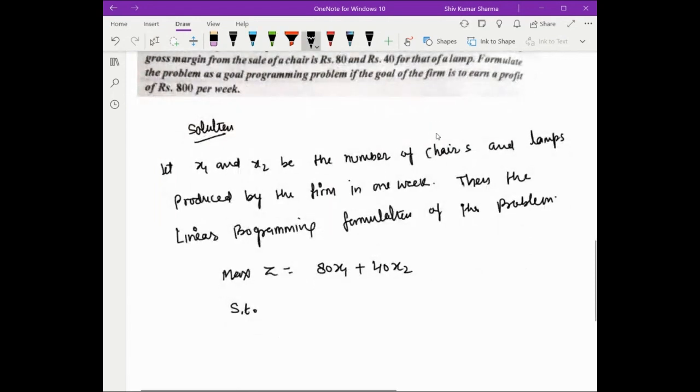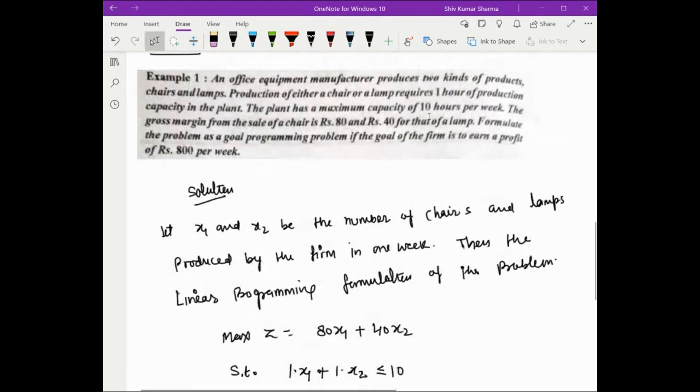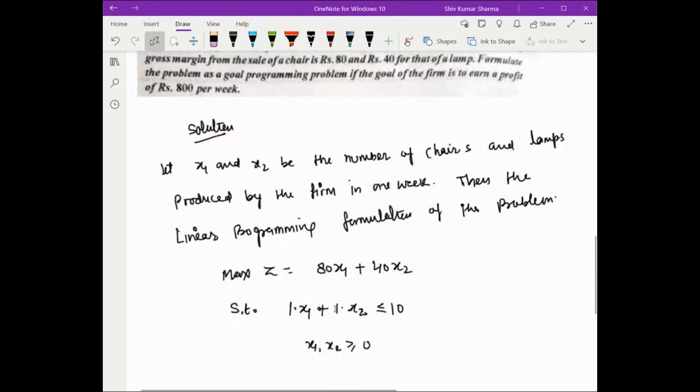So that means 1 hour for x1 chairs plus 1 hour for lamps, and in total we have 10 hours per week. So this is our constraint, and all the decision variables are greater than or equal to 0. This formulation we make on the basis of the linear programming problem. A simple linear programming problem we have applied.